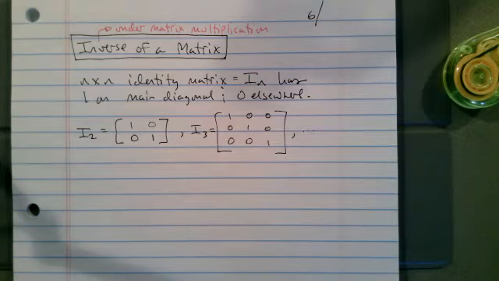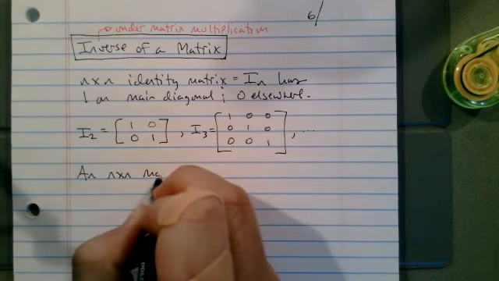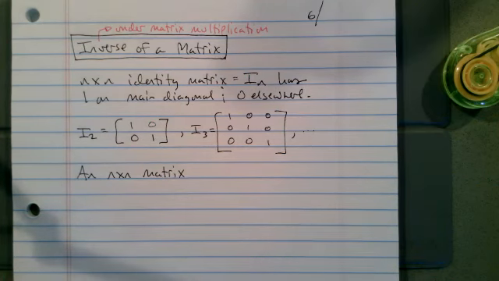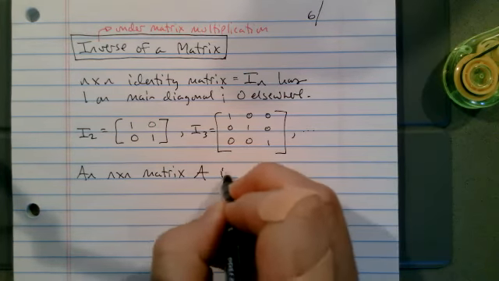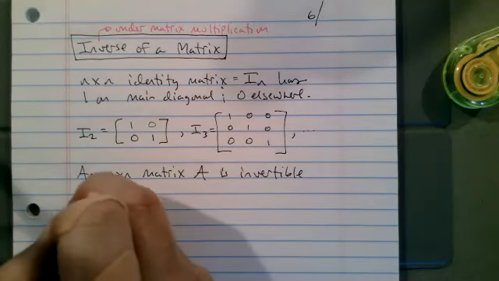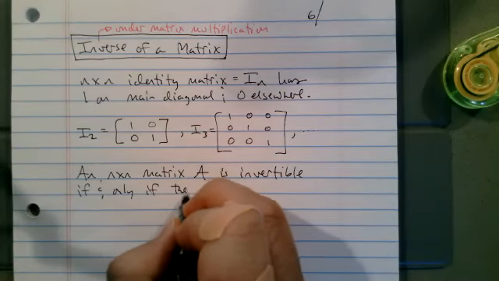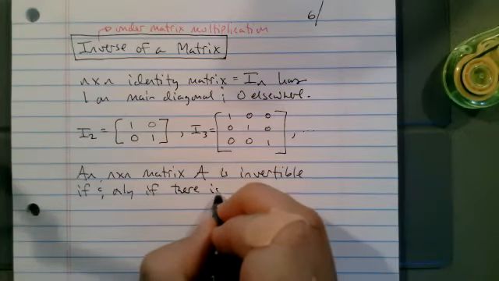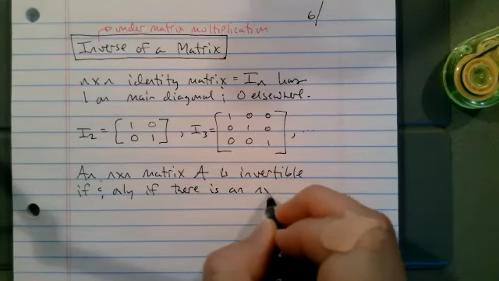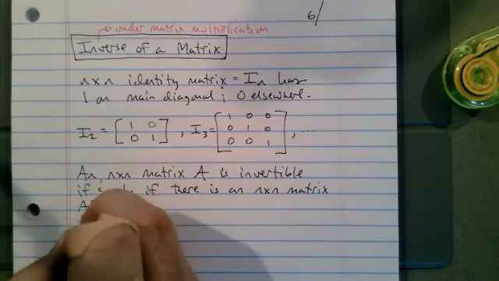So what we're looking for is, a matrix is invertible. Let's say an n by n matrix. This is a thing that we're going to talk about for square matrices. An n by n matrix A is invertible if and only if there is an n by n matrix A inverse.